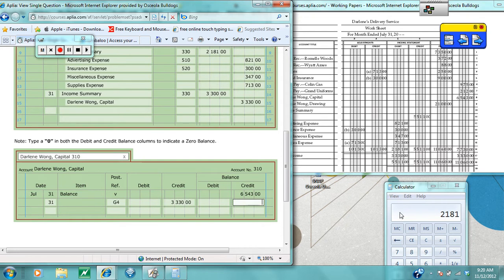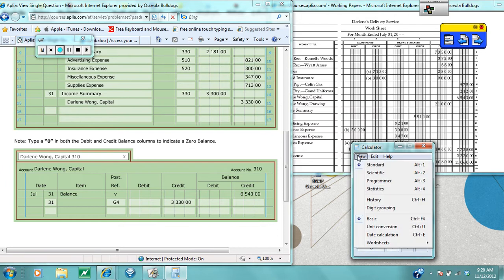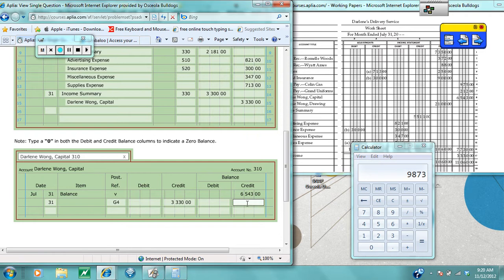You add those together, you come up with even more money, right? 6543 plus $3,330 equals, oops, see my cheating there? Now I take this 310, I put it in my capital account.